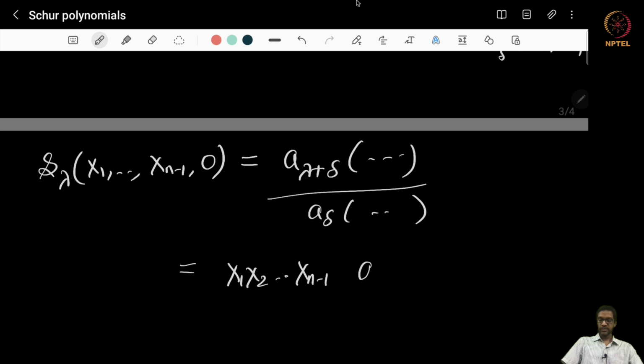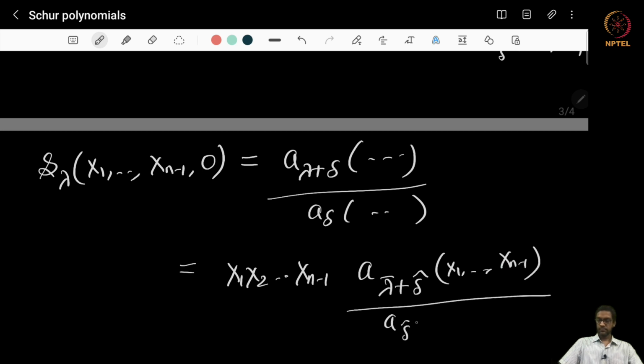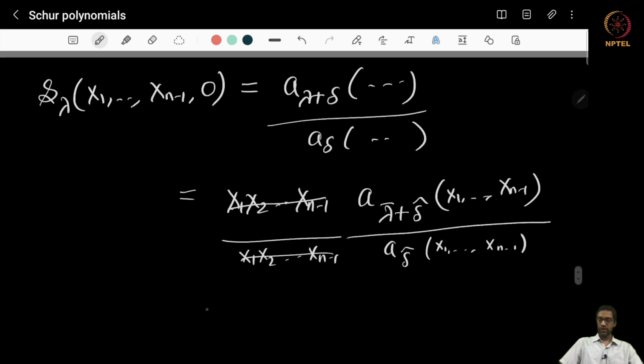And what's left in this case is a lambda truncation plus delta hat in fewer variables. Okay, and again x1, x2, up to xn minus 1, which you cancel, and if you really think about what you have here, that's exactly the Schur function s lambda again in the n minus 1 variables x1, x2, up to xn minus 1.